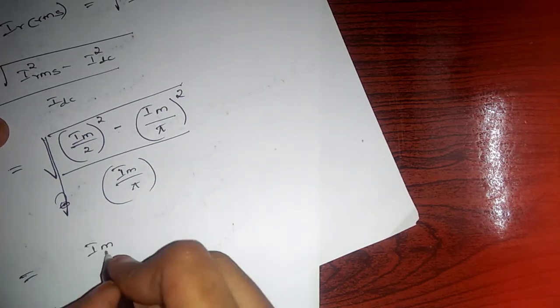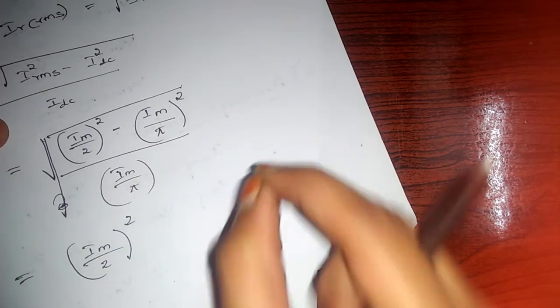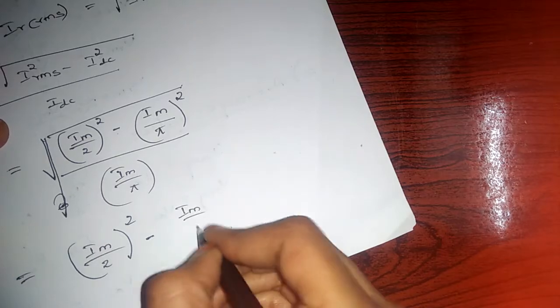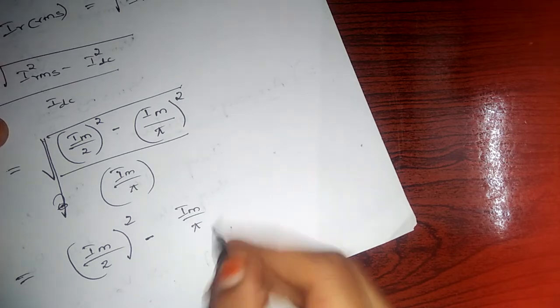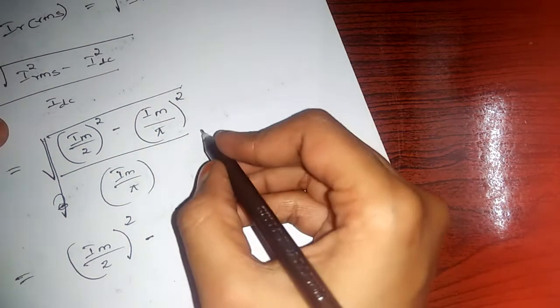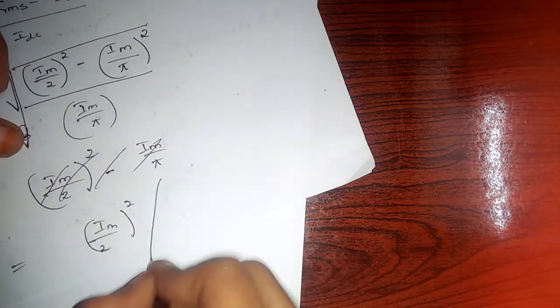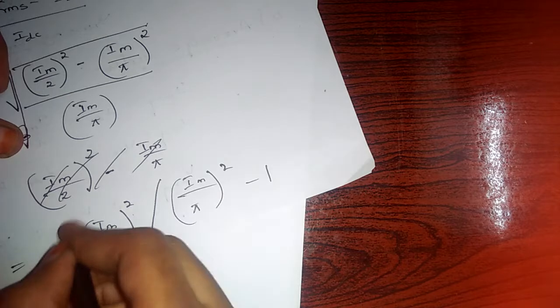Then if you solve this, we get Im by 2 whole square, and I took Im by pi common, minus Im by pi in common. So if you take common, we get Im by 2 by Im by pi, whole square, minus 1.